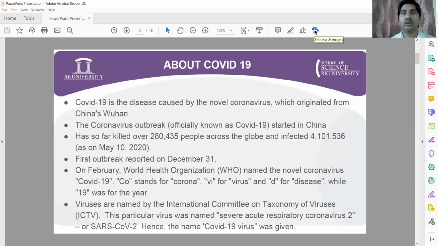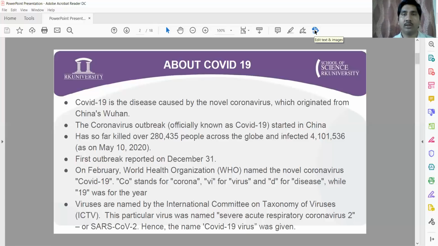Now, you must understand this term COVID-19 because right now you can hear it anywhere, but you should know what COVID-19 stands for. In COVID-19, the first two letters, CO, represent corona.